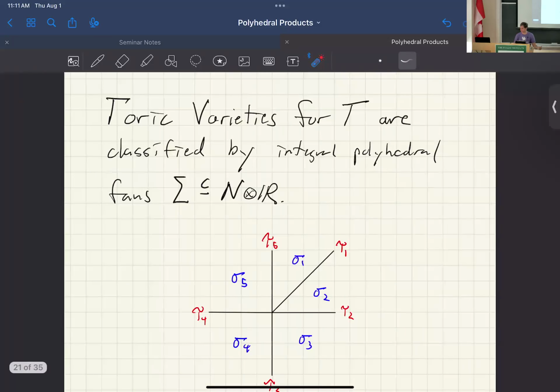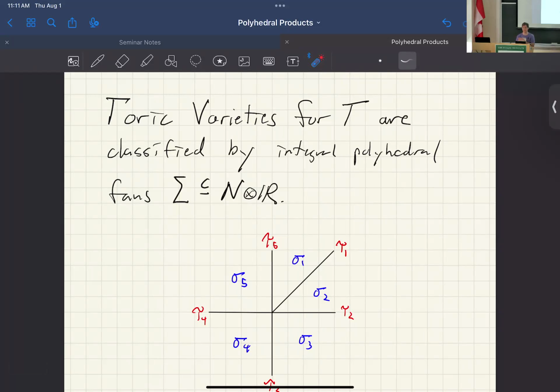Okay, so as is known, toric varieties for a torus T are classified by integral polyhedral fans in the co-character lattice. A lot of times you hear about polytopes in toric varieties. The polytope is really an M-side object. The fan lives on the N side.